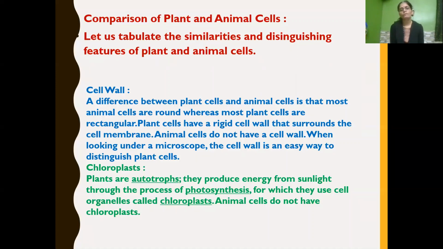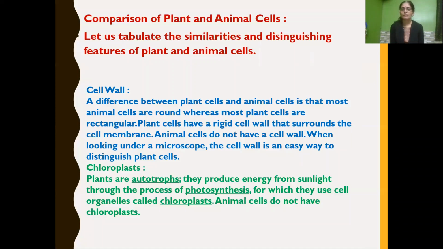So till now, whatever we have learned, let's compare plant and animal cells. Comparison in the sense that we will discuss both the differences and the similarities between plant cells and animal cells.